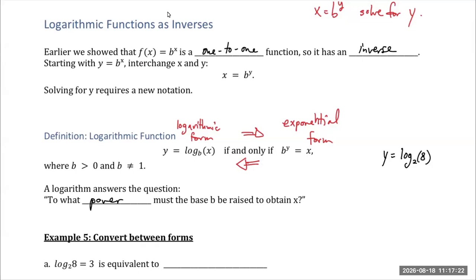So, usually I want my examples to be in blue. So let me change this to blue. Okay. So this is the logarithmic form. So what does that mean? Well, the first thing you want to do is you want to write the base. So the base is 2. The logarithm itself is always a power. So we're going to put the y in the power. And this whole thing is equal to 8.